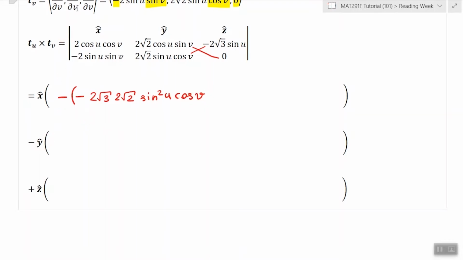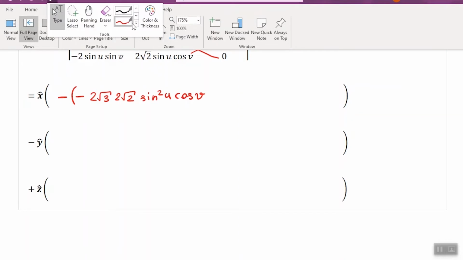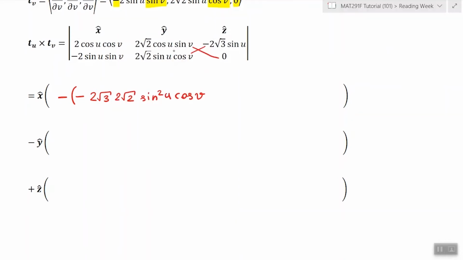For the y component, we get this determinant, and I already included the negative, so this line with a 0 will give us 0, and this line will give us minus, and then this product.